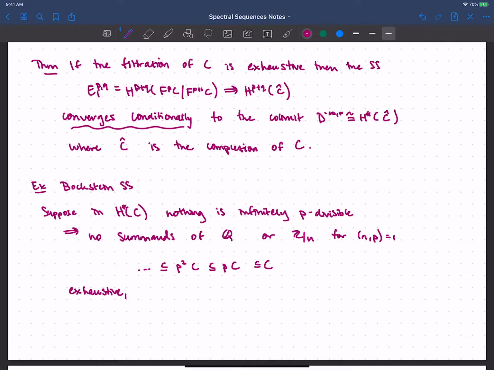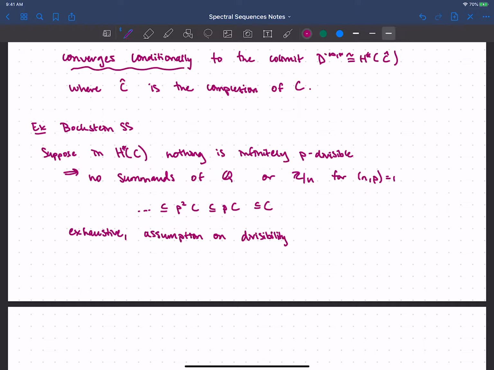Okay, the assumption on divisibility doesn't tell us that it's finite, but it does tell us, keep accidentally switching between my pen and my eraser. Okay, so the assumption on divisibility will tell us that we get a Hausdorff filtration on cohomology.